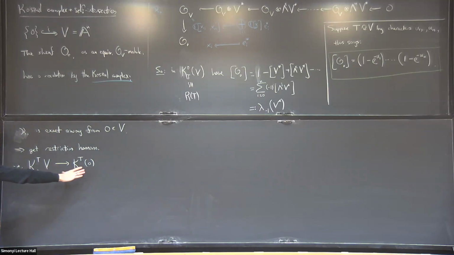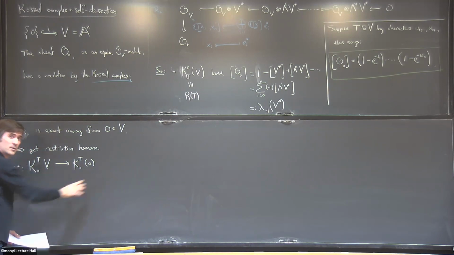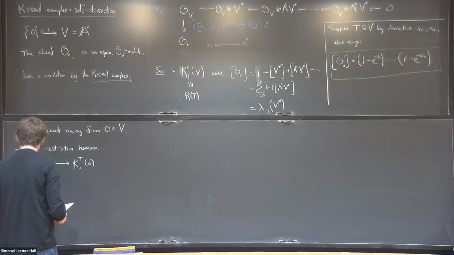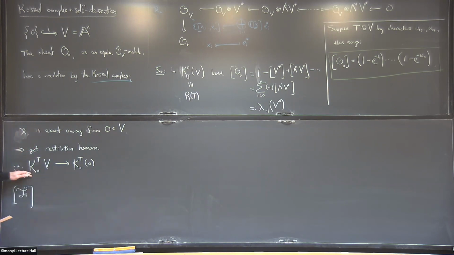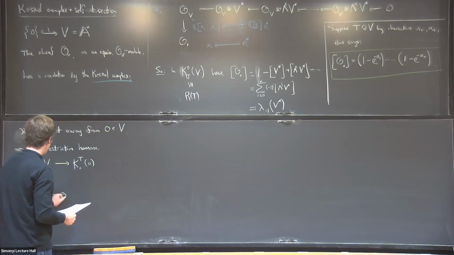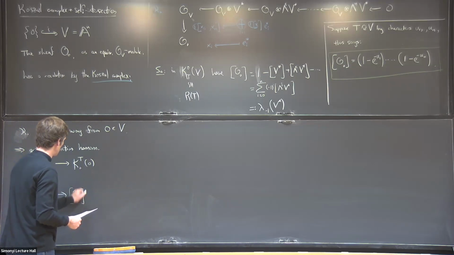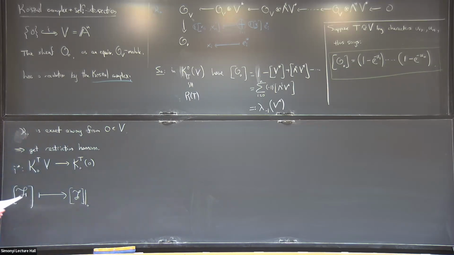It's not by a flat map, right? The inclusion of a closed point is not a flat map, but by resolving the structure sheaf here into vector bundles, you then restrict the vector bundles. That's what we did. So let me just write some notation for this. So I've got any sheaf here, I can send it to, so I'll use this notation as just kind of restricting to zero, really.